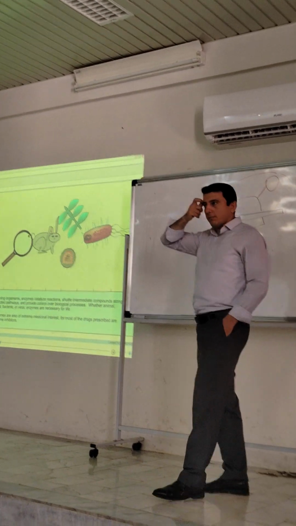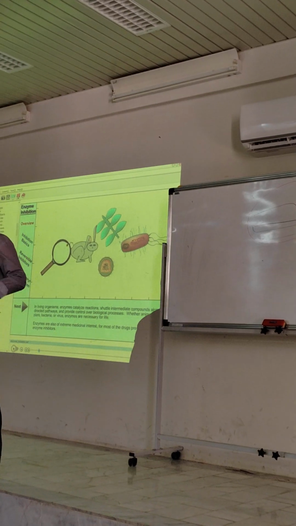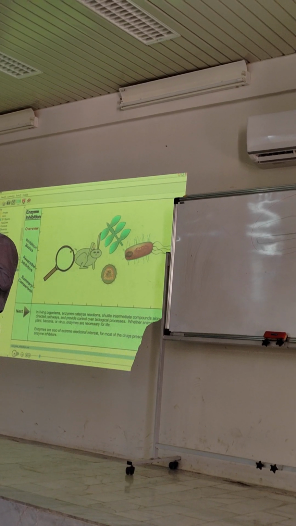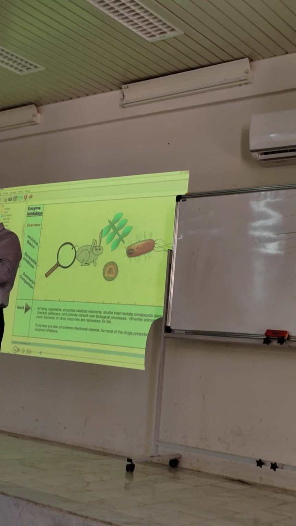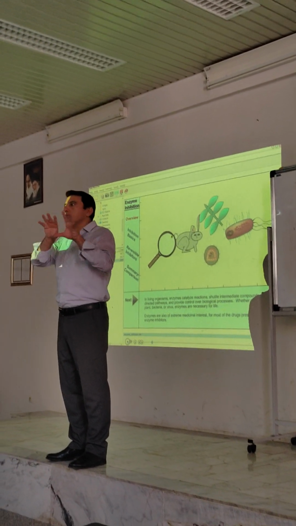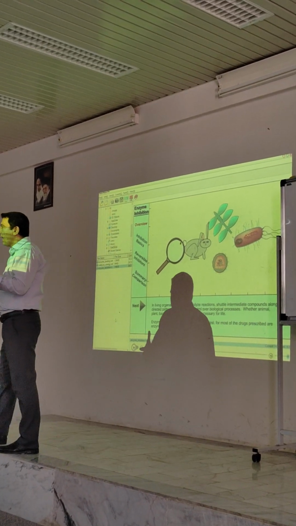Look at the board. As I said, all processes and all things in our body are controlled by enzymes. So if you can control enzymes, you can control your body. How can we control enzymes?